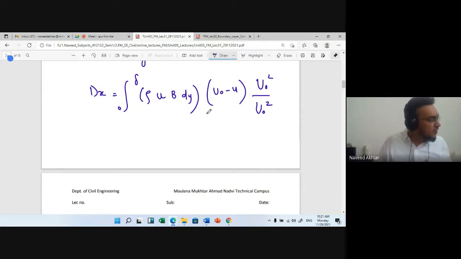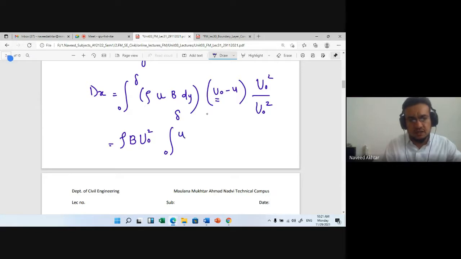B is the width of the plate. So if I take this, what will be the drag force? Rho B u0 square, because the free stream velocity is not changing, integral 0 to delta. I will take this u0 outside, u upon u0. This u is already there. So if I take it, what will be?